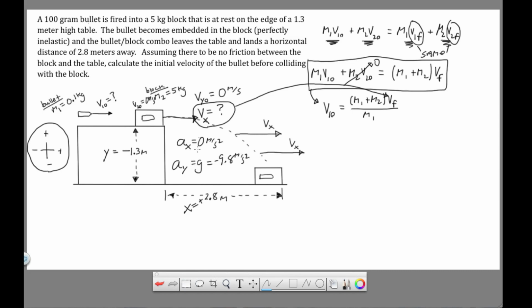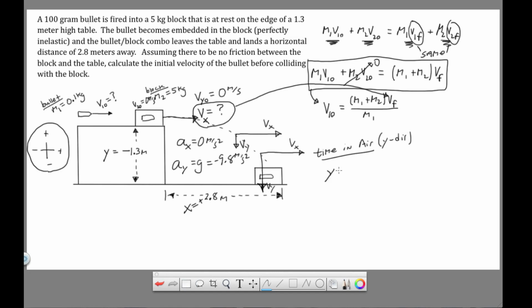Gravity acts in the vertical, so the y velocity is changing. We start out with no y velocity, but as the object flies through the air, we gain a y velocity, and then a bigger y velocity. Vy is increasing. The way we're going to find the velocity as the bullet-block combo leaves the edge of the table is, first, to solve for the time in the air, using the y direction.